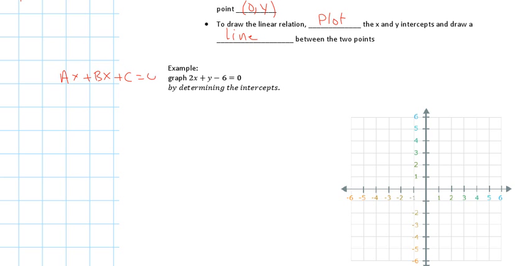Because that's the one with the x, right? What's the value of B? 1. It's an invisible one that's right here. Okay? What's the value of C? It's -6. Okay? So you see that A, B, and C, they're given values. It does look exactly the same.